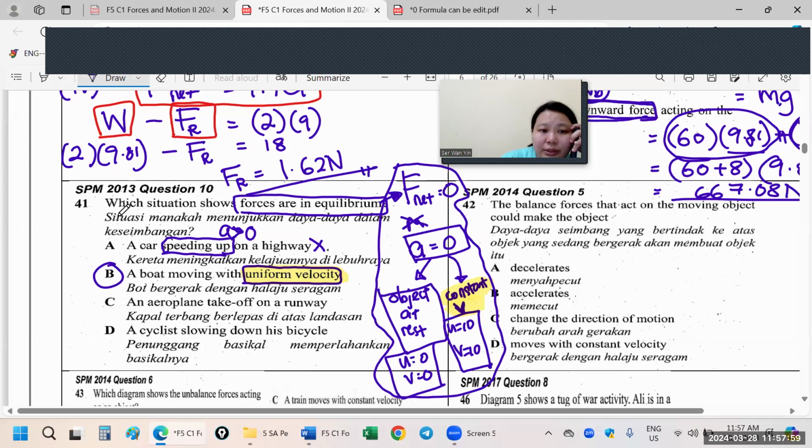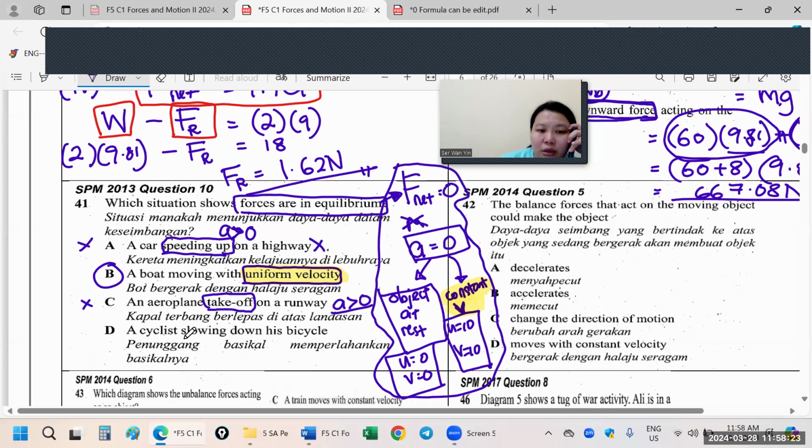Now, next, C, an airplane taking off on the runway. Do you think takeoff needs acceleration or not? Yes, it must have acceleration more than 0. But our question is we want a equals 0, so this one is impossible.